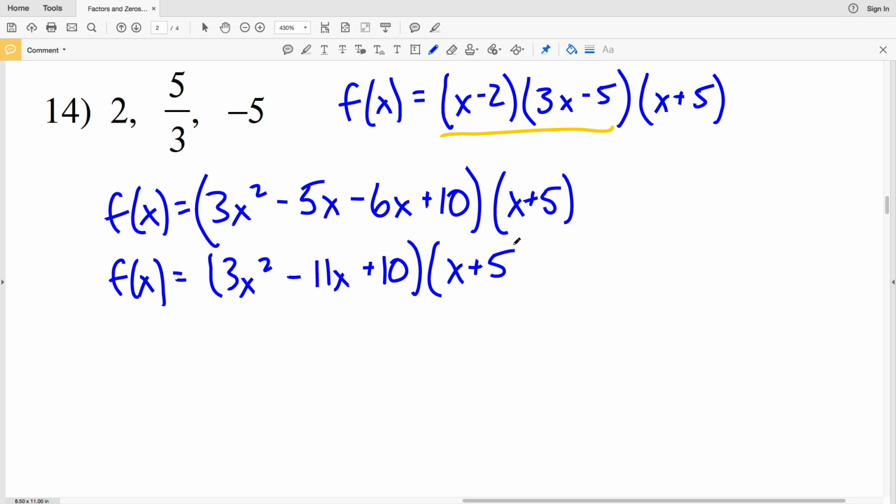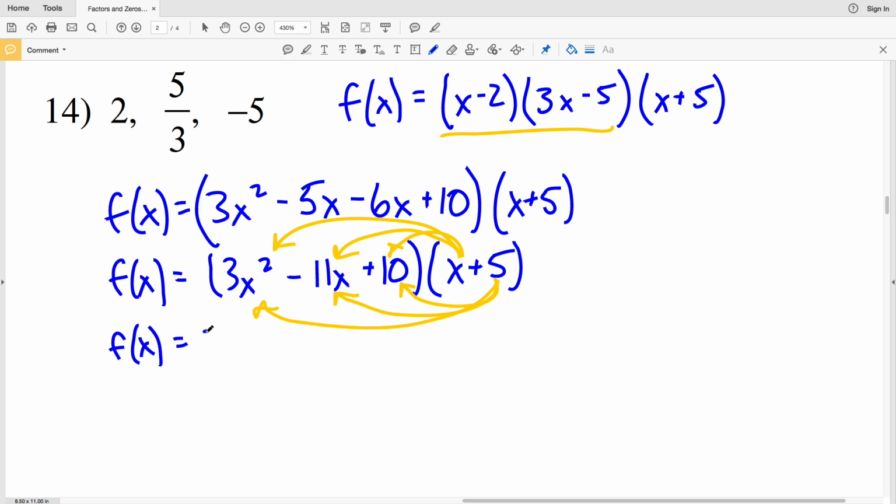x plus 5. So now I'm going to take the x, multiply it to 3x squared, 11x, and 10, and then I'm going to do the same for 5. Multiply it to 3x squared, 11x, and 10. So I'll have f of x equal to 3x cubed, 3x squared times x, minus 11x squared, plus 10x, taking care of multiplying x to each of the terms.